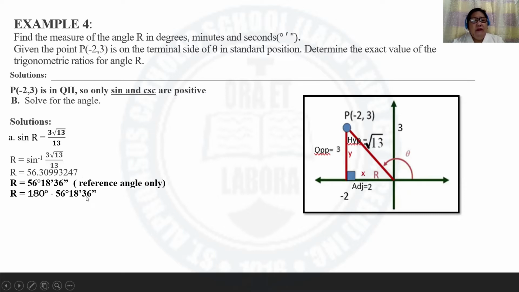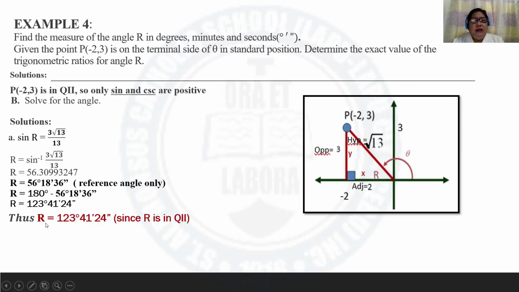And to take the value of R, which is in the second quadrant, that is 180 degrees minus 56 degrees, 18 minutes, and 36 seconds. Therefore, the correct value of R is 123 degrees, 41 minutes, and 24 seconds.